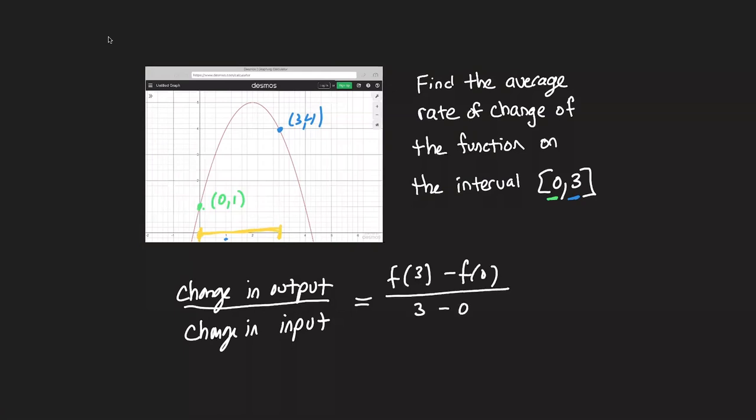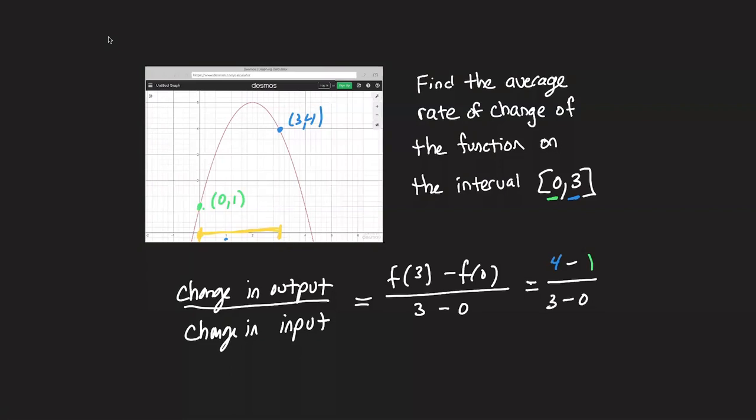So this is what we would want to see. From our graph, f of 3 is 4, and then I'm going to take away from that f of 0. That was our green value. f of 0 is 1. And then all of this is going to be divided by 3 minus 0, which is our change in input.